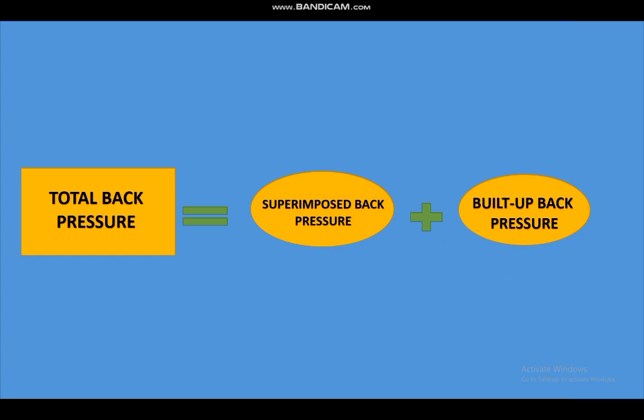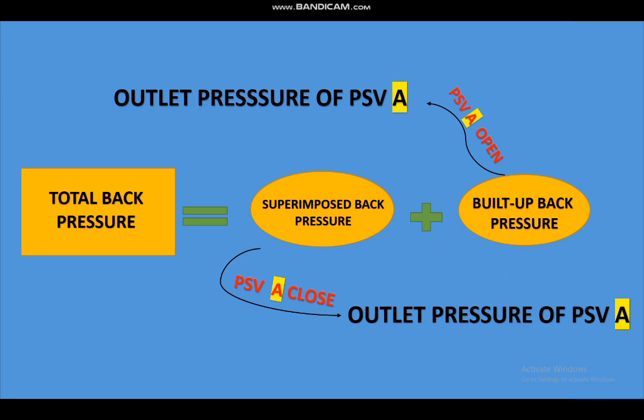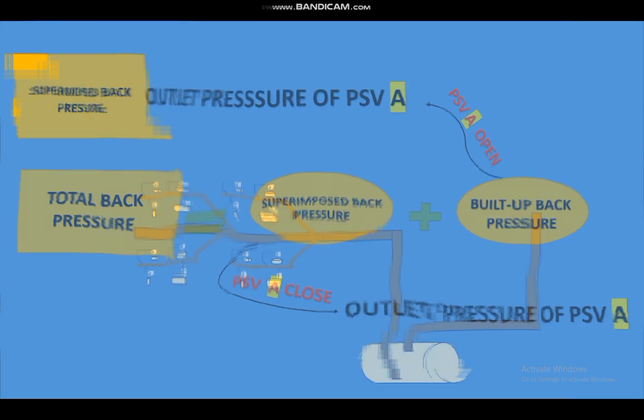Build-up back pressure is the pressure generated at the PSV outlet once the valve opens and starts discharging fluid into the flare network. On the other hand, superimposed back pressure is the pressure present at the PSV outlet before the valve opens due to the existing condition within the flare system.